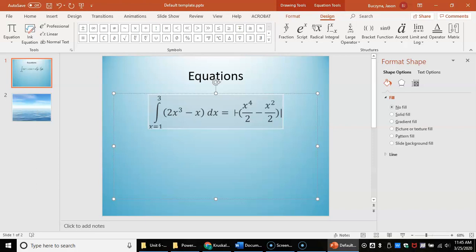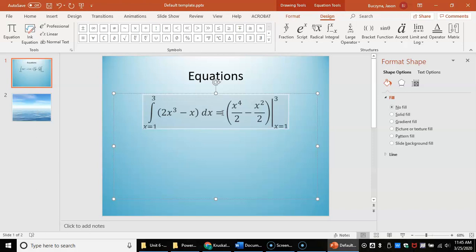And I'll do an underscore for a subscript, starting from x equals 1, boom, space, and now caret 3. And that gives me my upper bound as well. Notice that that left stopper, so to speak, disappeared after I did that, but that's just their way of doing it in Microsoft's Equation Editor now. And then, of course, you can just evaluate this if you want, but in any case, that's how you do it to begin with.